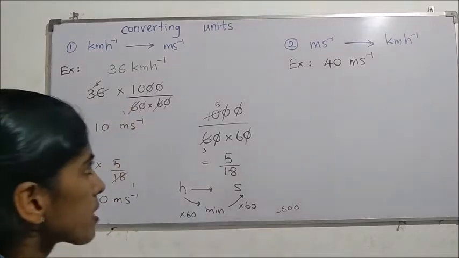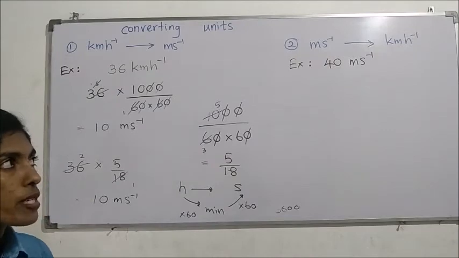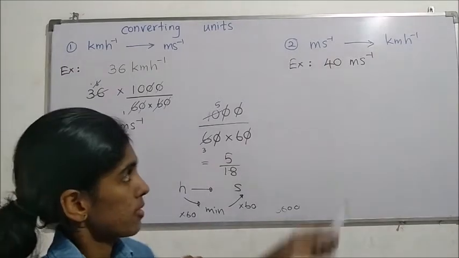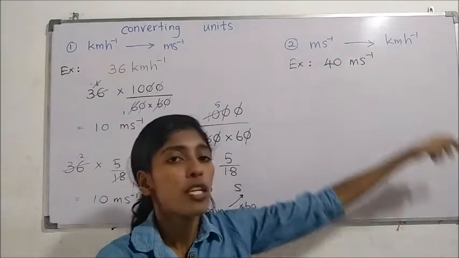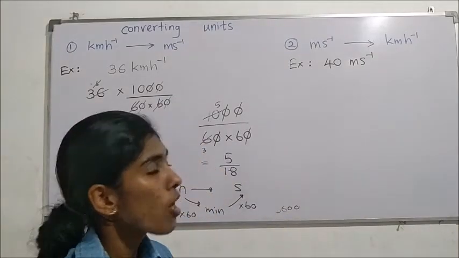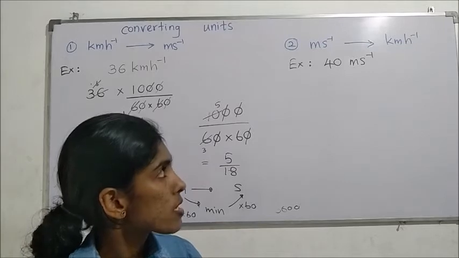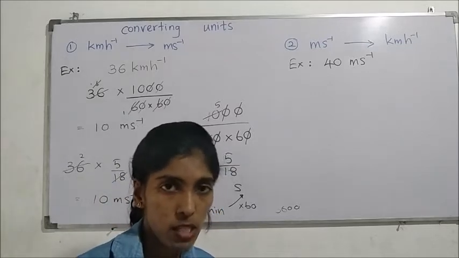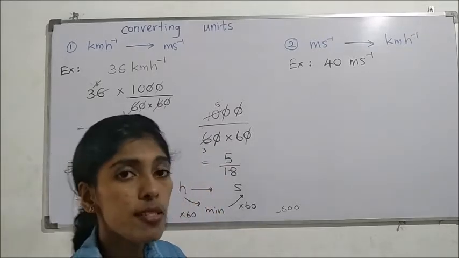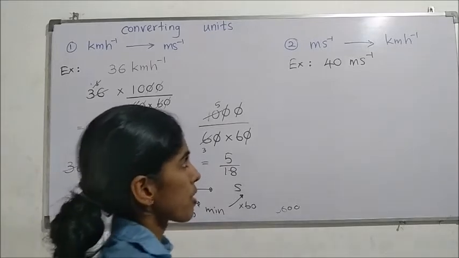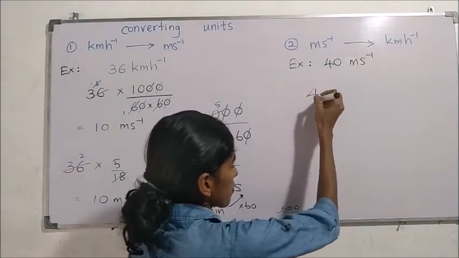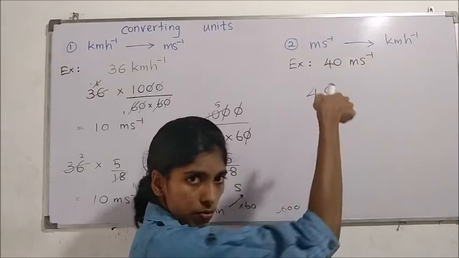In the same way, when we go to 40 meters per second, now meters per second need to be converted into kilometers per hour. Here also separately, that means meters into kilometers firstly, then seconds into hours. Here meters should be up.